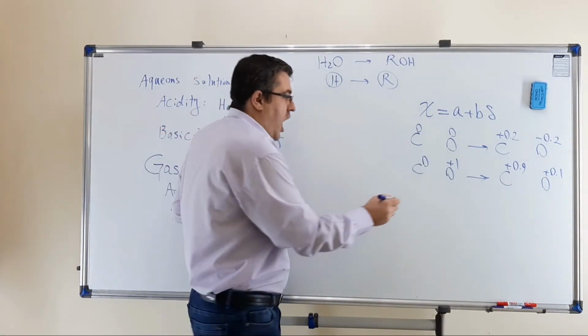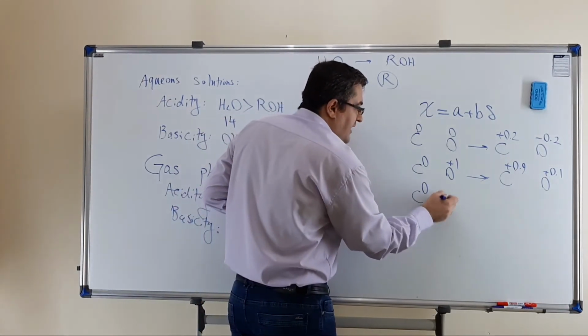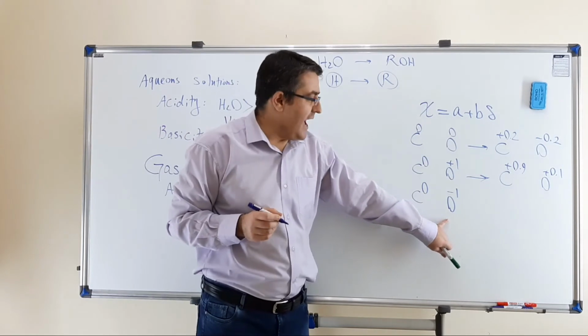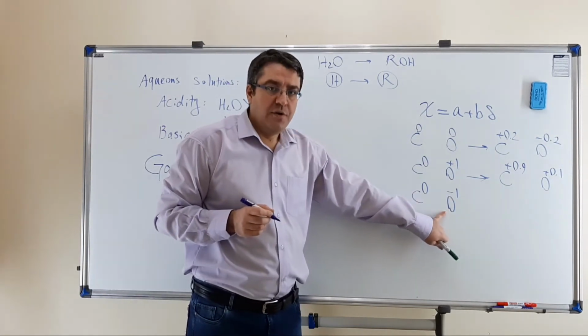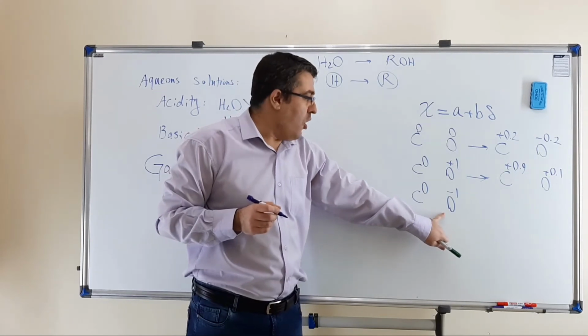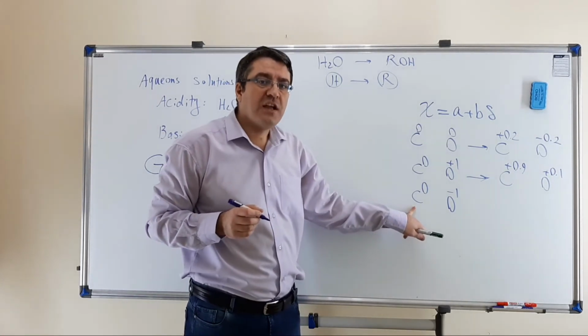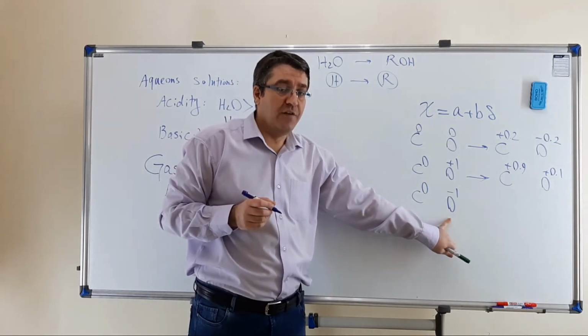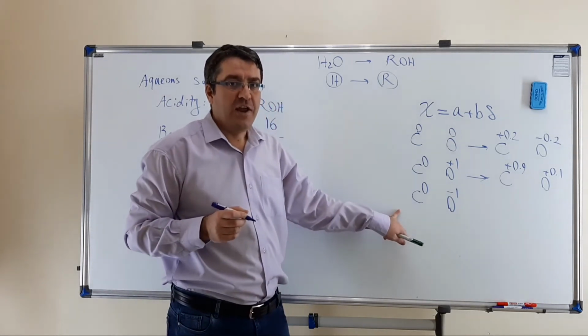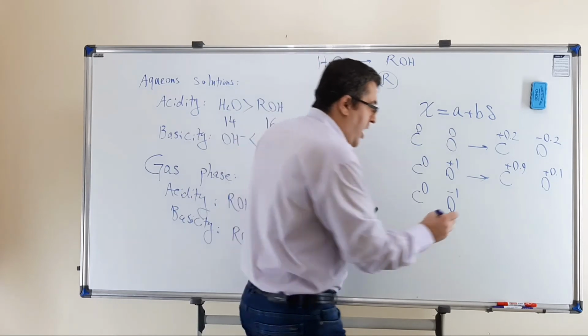But when carbon is neutral while oxygen is negative, this negative charge reduces the electronegativity of the oxygen so that the electronegativity of the carbon is higher than that of oxygen. So carbon here will withdraw electrons from oxygen.